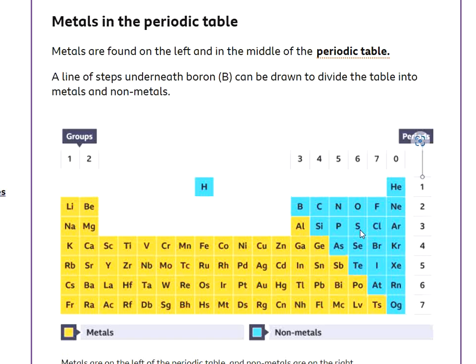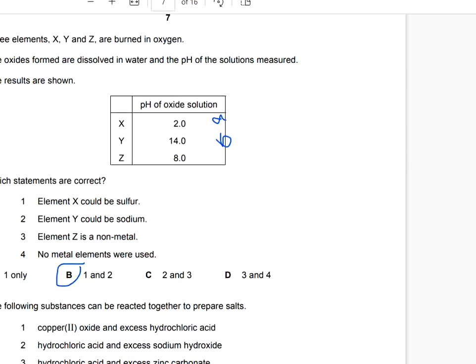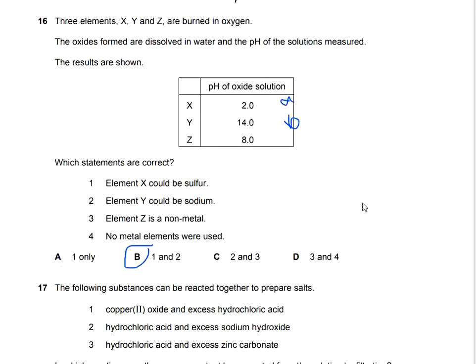And Y, we have Na, which is a metal and becomes basic when burned with oxygen. That's the reason why the answer for this is letter B.